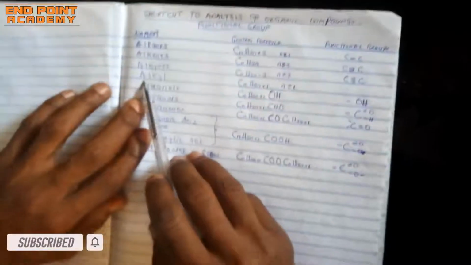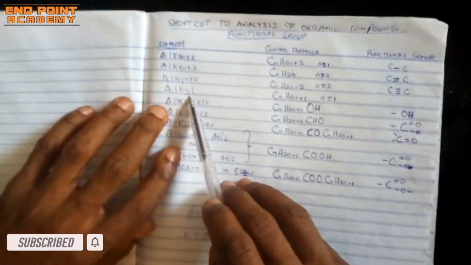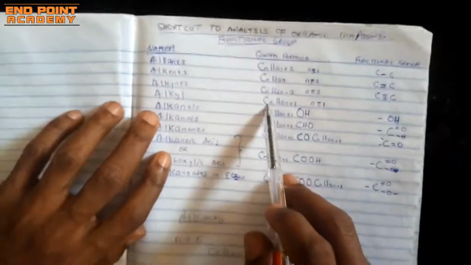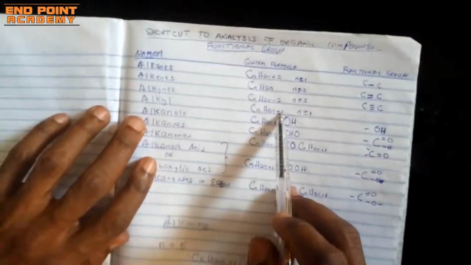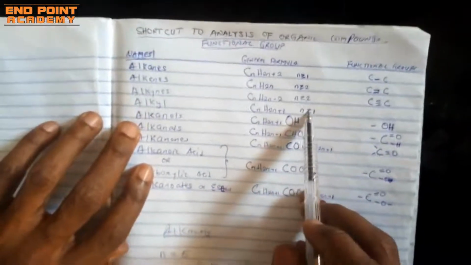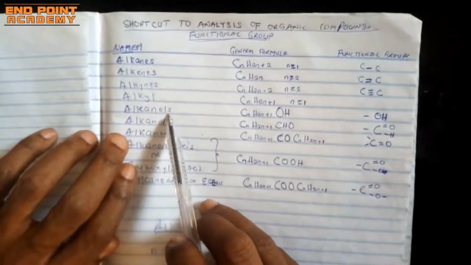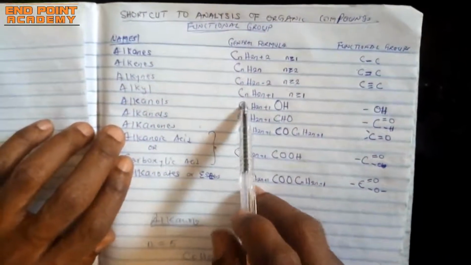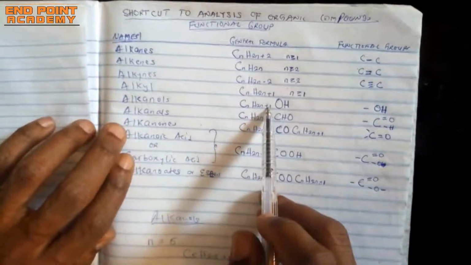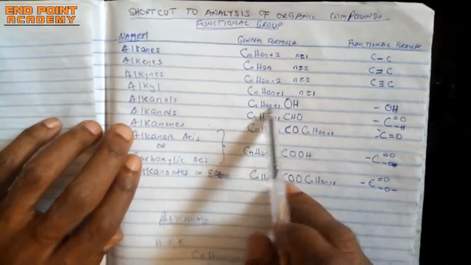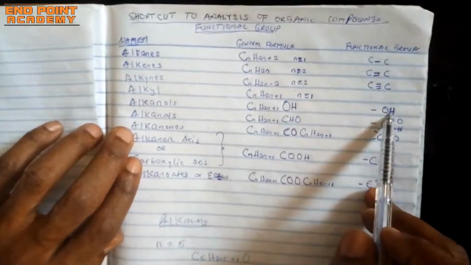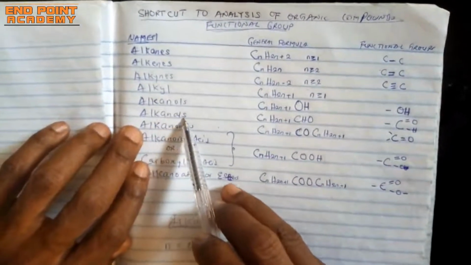Alright, next on our list we have the alkyl. The alkyl is given by CnH2n+1, where n is greater than or equal to 1. The alkanols are given by CnH2n+1OH. The functional group for alkanol is OH.